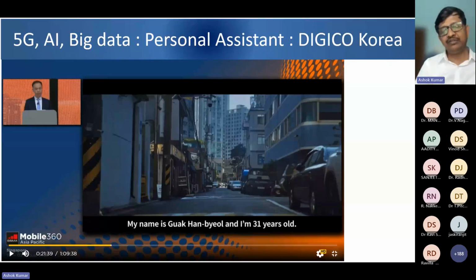Similarly, for individual entrepreneurs, they have also come out with some use cases. So let's see this particular example. This is an example of a barber using the 5G network as some sort of personal assistant.